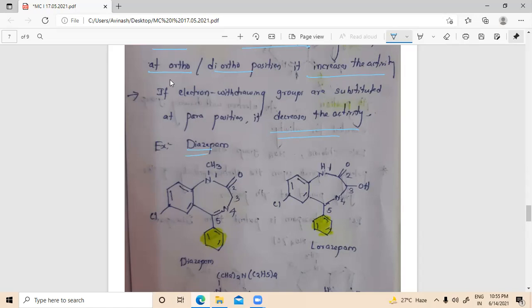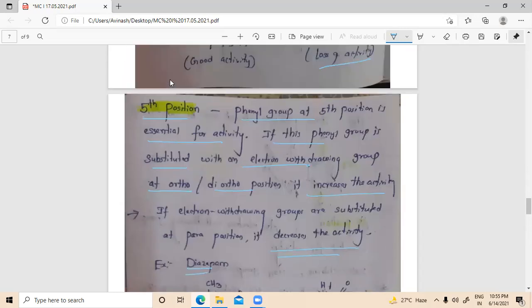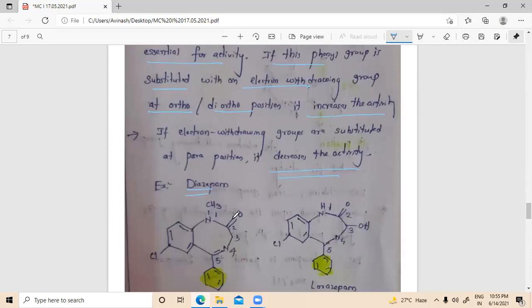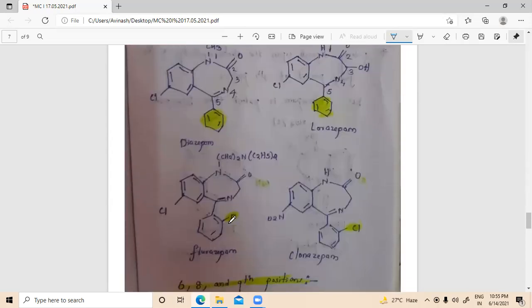I'm talking about this fifth position, right? At the fifth position, introduction of this phenyl ring is very important for biological activity. If this phenyl ring is substituted with electron withdrawing groups at ortho or diortho position, it can increase the biological activity.